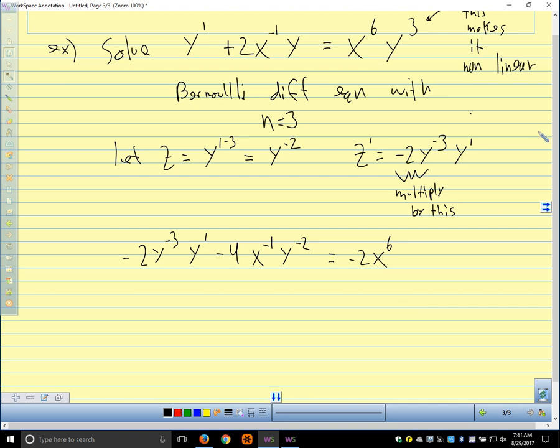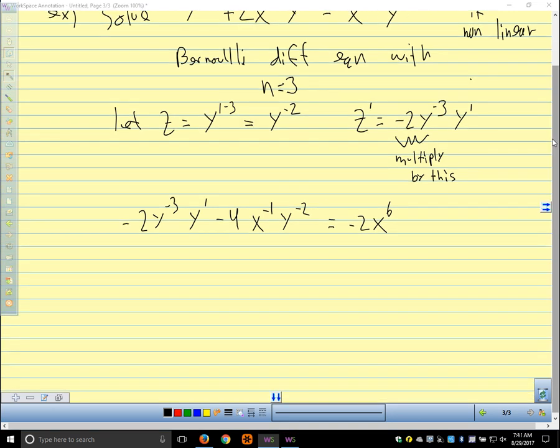So for this equation, this is a linear differential equation. This is z prime minus 4x to the minus 1 z equals minus 2x to the 6th.